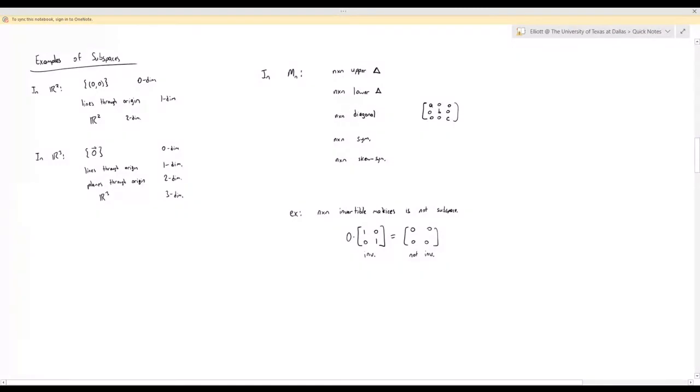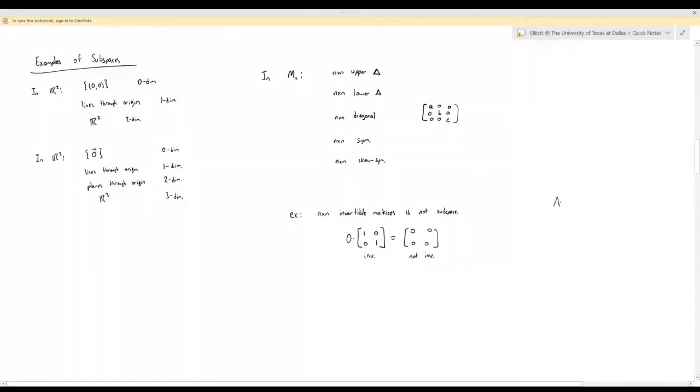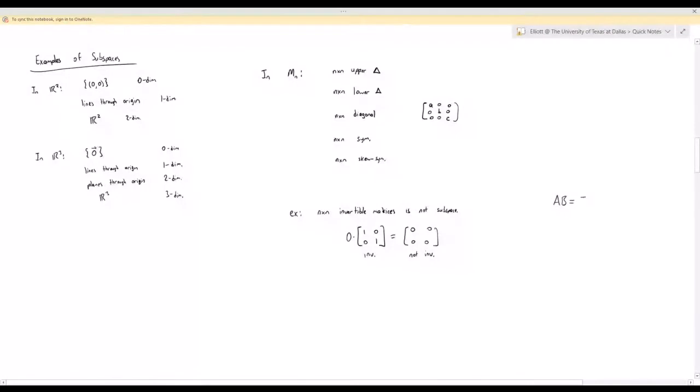Remember, invertible means the product equals the identity, and 0 multiplied by anything gives you 0. So that proves it's not closed under scalar multiplication.